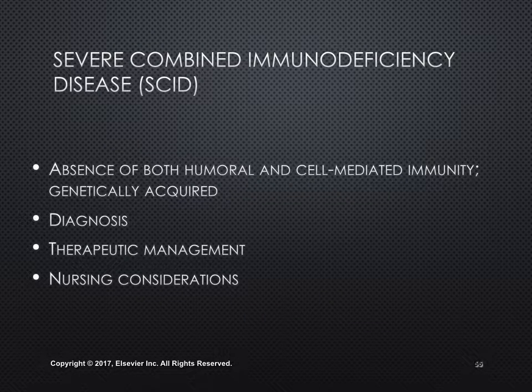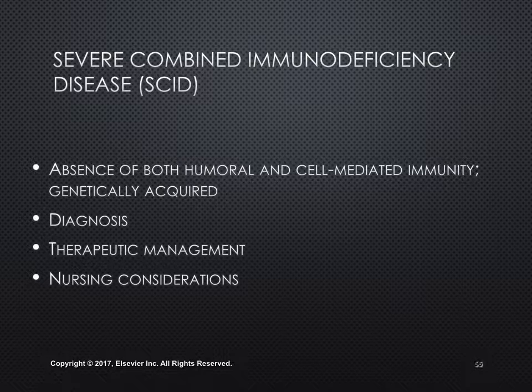Severe combined immunodeficiency disease, or SCID, is the absence of both humoral and cell-mediated immunity. It is genetically acquired. The diagnosis is done through looking at DNA as well as looking at their lab values.